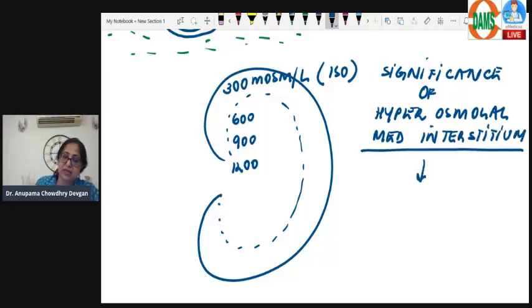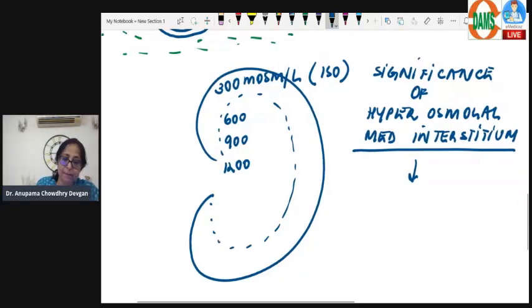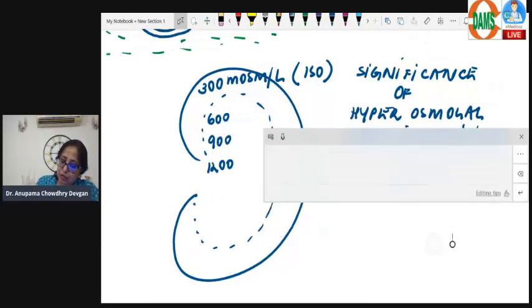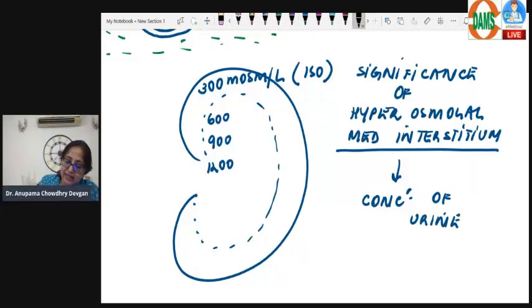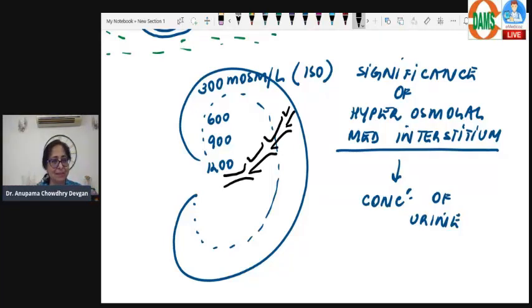Hyperosmolar medullary interstitium helps to form a concentrated urine. This is involved in concentration of urine. How? Now, if you look at the collecting duct, there is a cortical collecting duct, an outer medullary collecting duct, an inner medullary collecting duct, which opens onto a renal papilla.